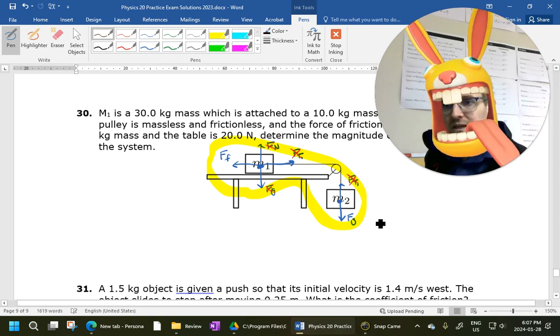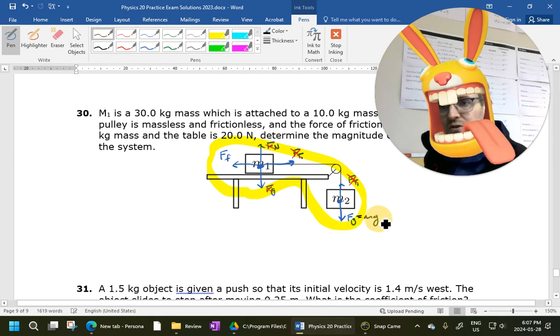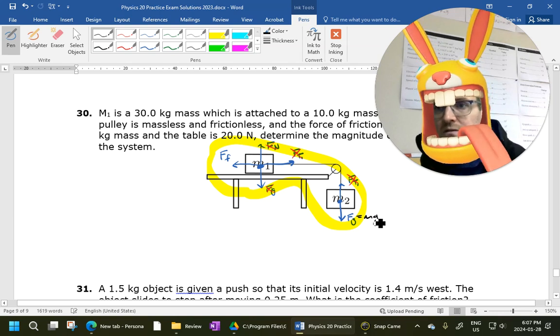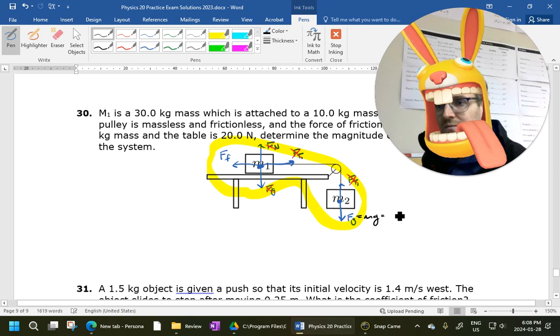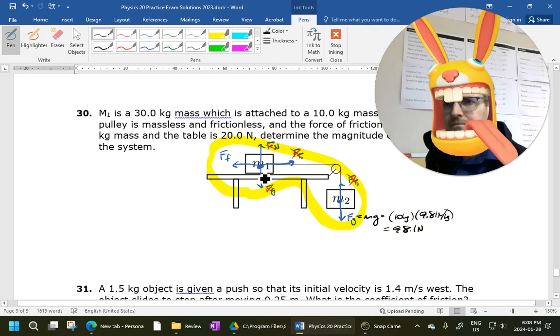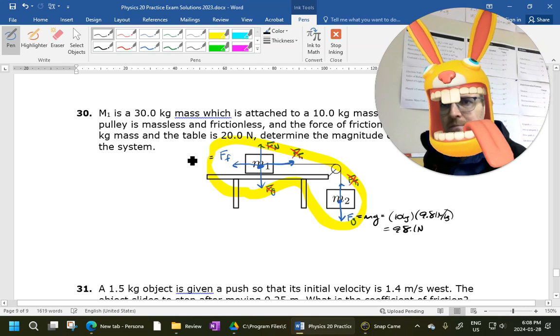So what's left over here is this gravity of just the M2, now 10 kilograms. So that's going to be the 10 kilograms times 9.81 newtons per kilogram. So that's going to be 98.1 newtons. Okay. And then we have friction over here, right? So this friction here is 20 newtons.